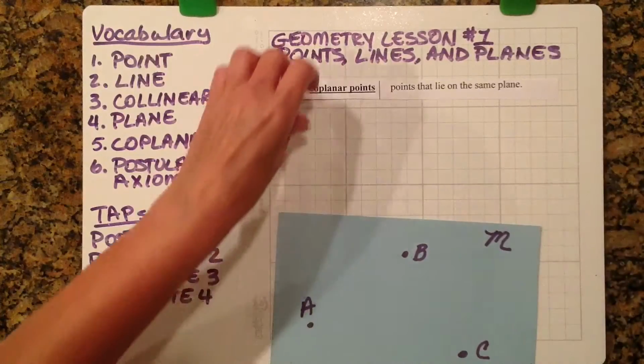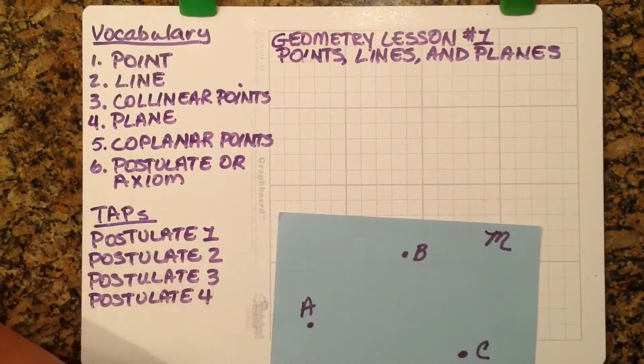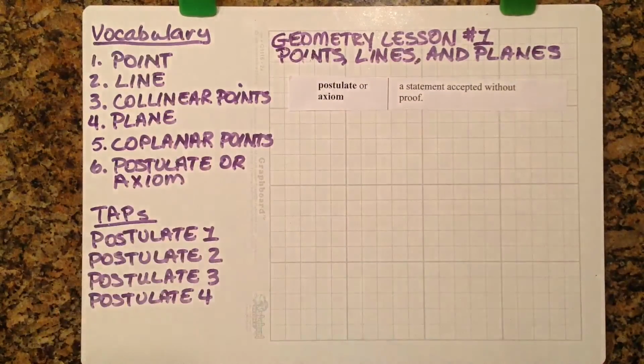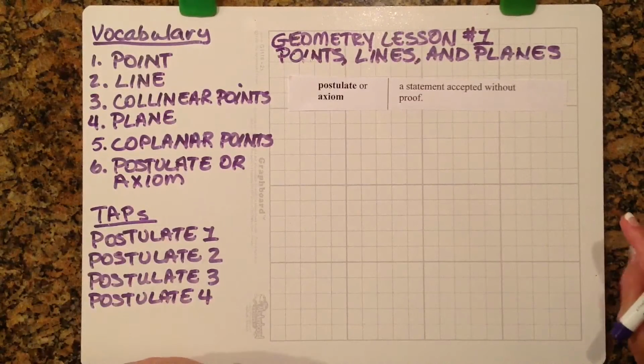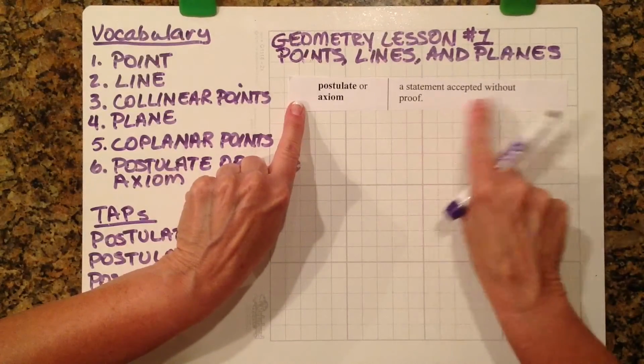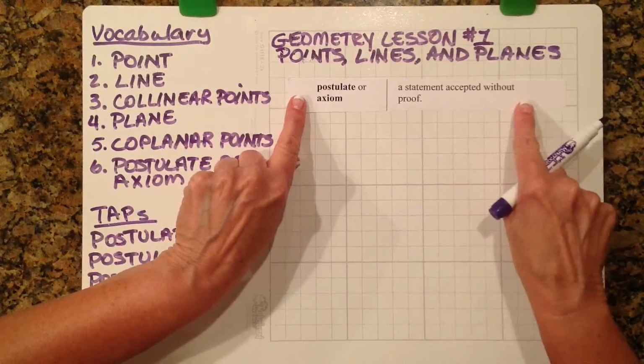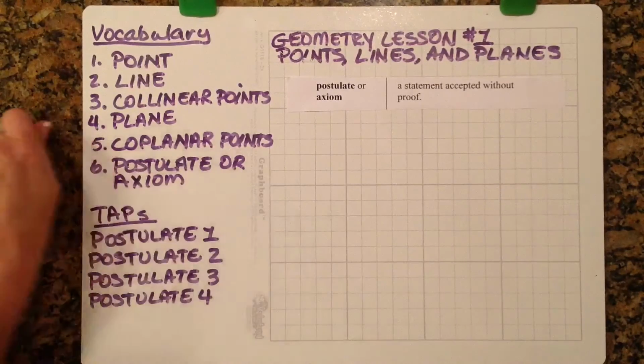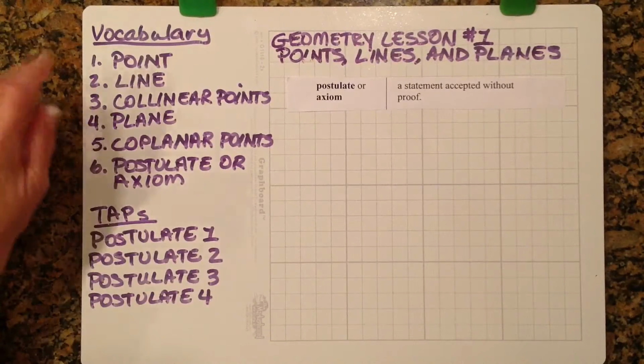Okay, now let's get with our postulates and axioms. Here's another definition. A postulate or an axiom is a statement accepted without proof. Meaning I just tell you that's what it is and you say, okay, and you accept it.